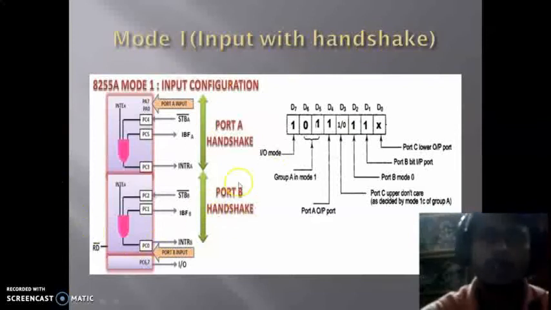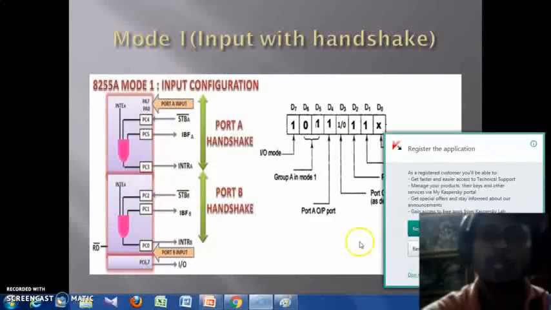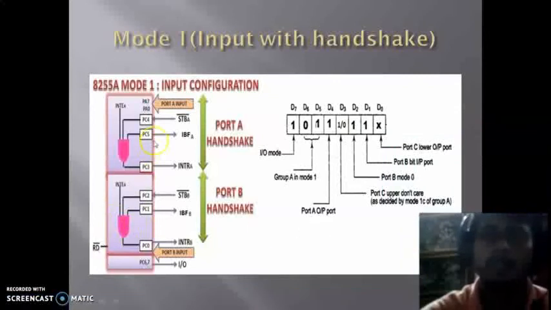In this operation, port A and port B are used as input, and some bits of port C are used for handshaking. When data is sent from a peripheral device to the 8255A, it sends a STB signal, the strobe signal, telling the 8255A that I already sent the data.